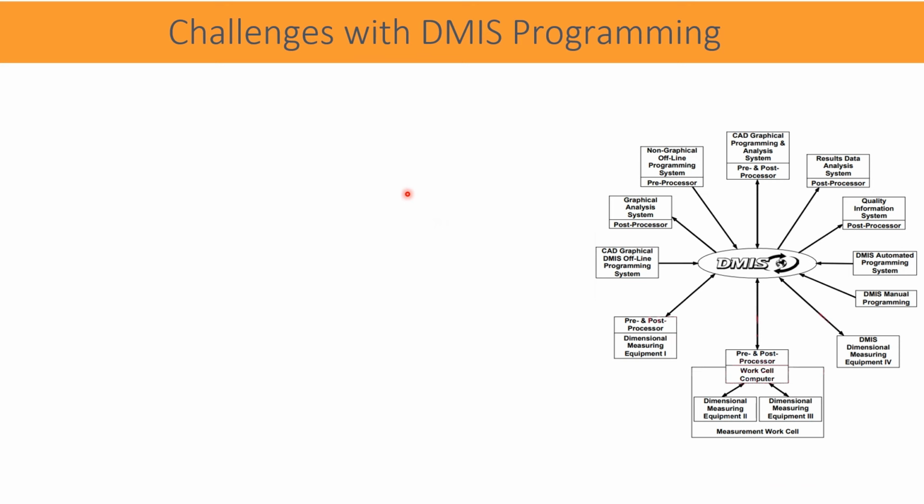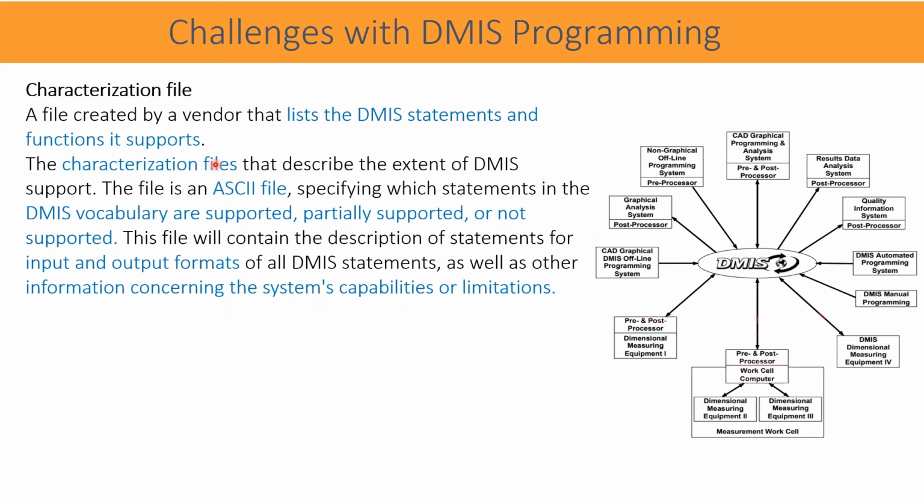We have discussed many advantages and benefits of the DMIS programming language. At the same time, we cannot ignore that there are certain challenges with DMIS programming. Since it is a standard, and the standard has had several version releases, sometimes you have to think about which software contains which commands of which versions.